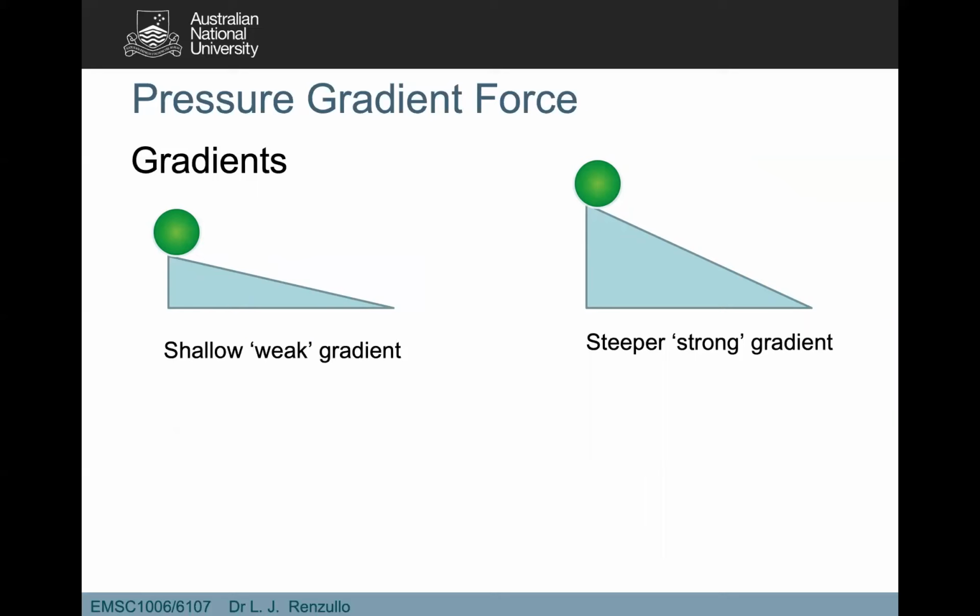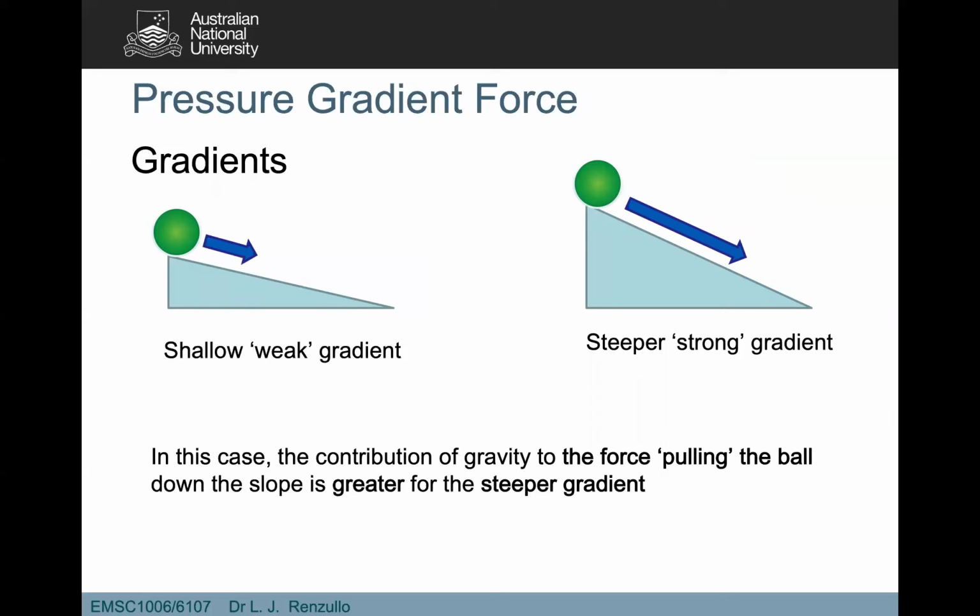Now, under gravity, hopefully it's not too surprising that the force of gravity will make the ball on the right go down the slope faster than the ball on the left. So with the greater slope, or the stronger gradient, the ball will move faster down the slope than the ball on the left, where the gradient is weaker.